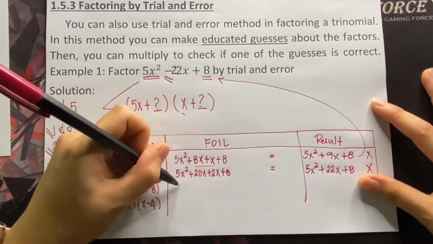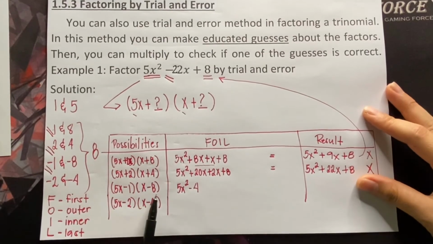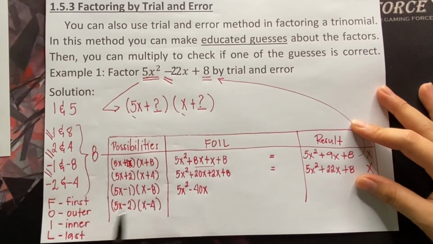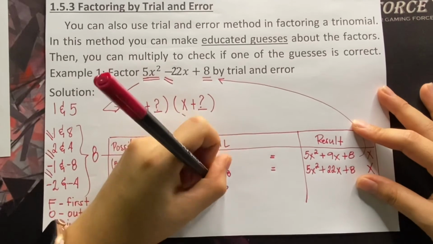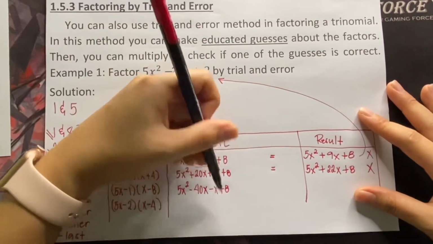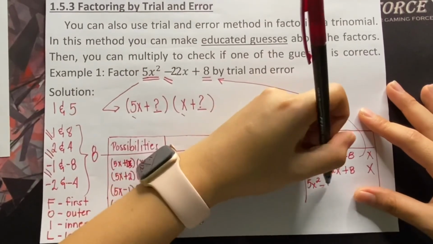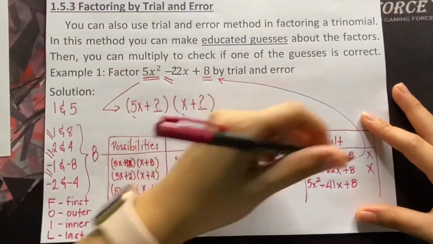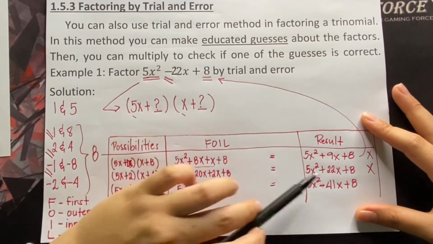Third, 5x squared. Outer, 5x times negative 8, negative 40x. Inner, negative 1 times x, negative x. Last terms, negative 1 times negative 8, positive 8. Combining common terms, and the result is 5x squared minus 41x plus 8. Lalong hindi, dahil ang numerical coefficient ay dapat 22, not 41.